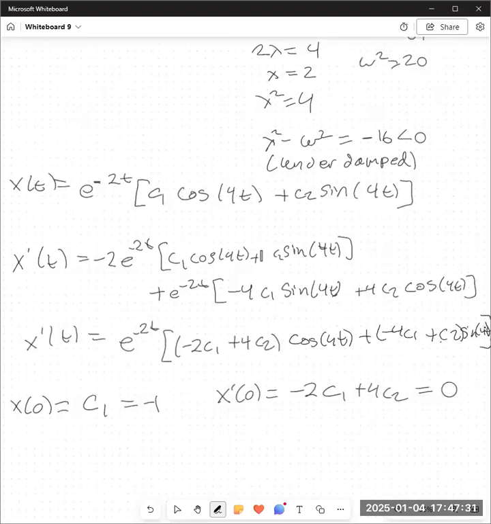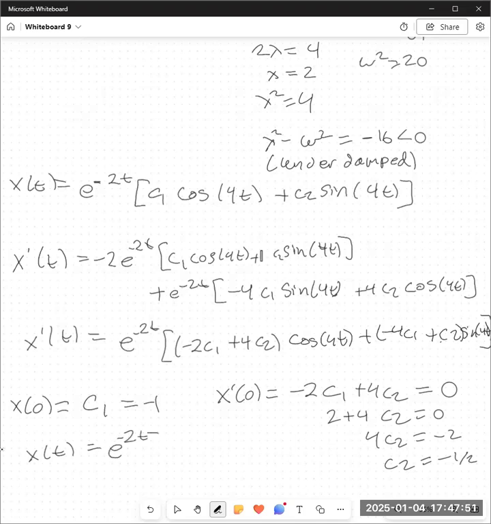Since c1 is negative 1, 2 plus 4c2 equals 0. 4c2 equals negative 2, and c2 equals negative 1/2. So that is an equation x of t is equal to e to the negative 2t times negative cosine of 4t minus 1/2 sine of 4t. And that was part A.